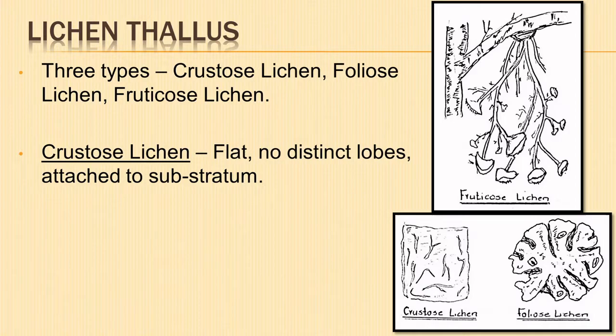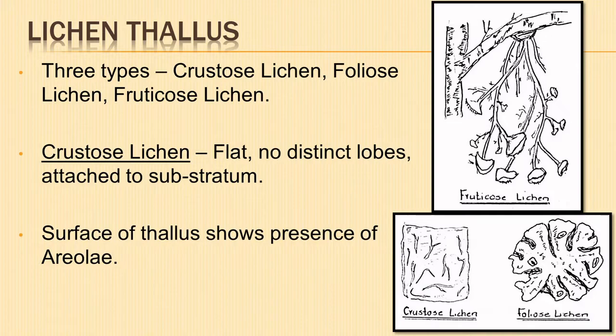It is closely attached by the lower surface to stones or rocks. The surface of the thallus shows hexagonal areas called the areolae, example Graphis crypta.